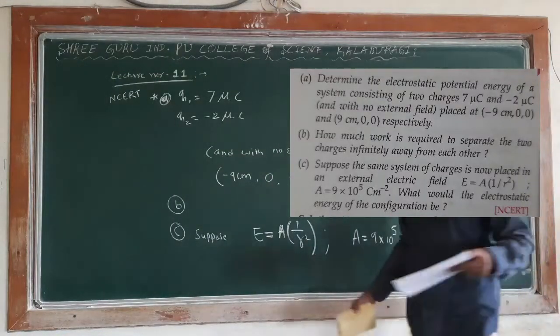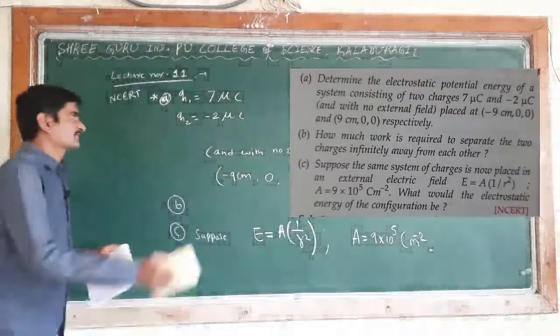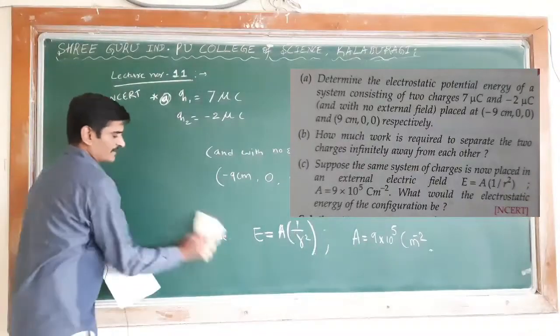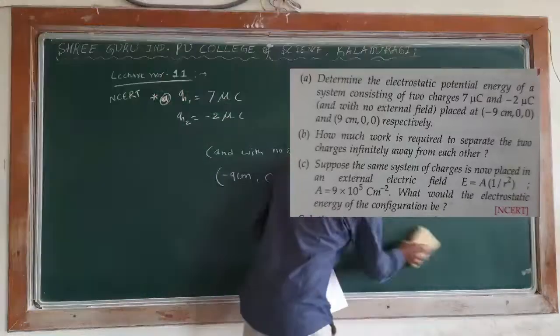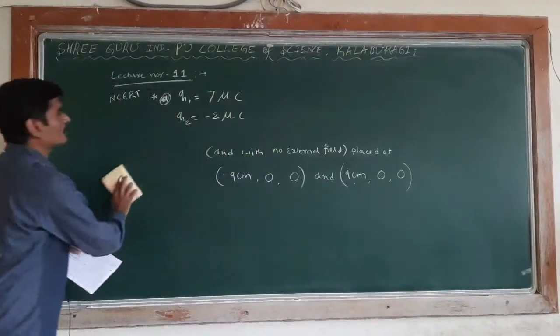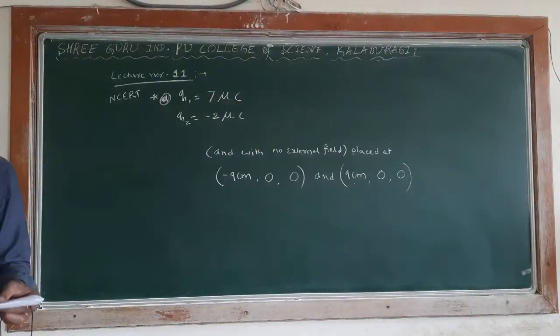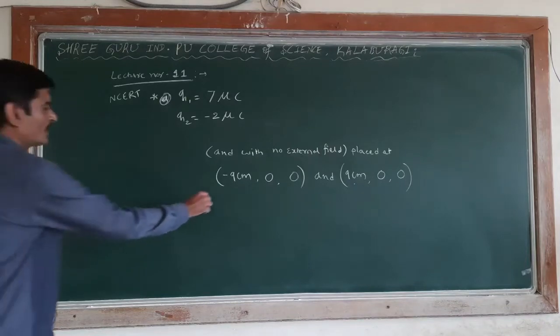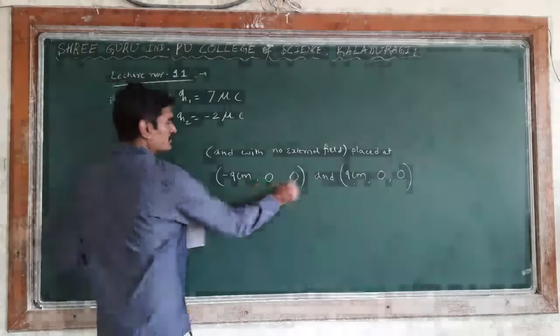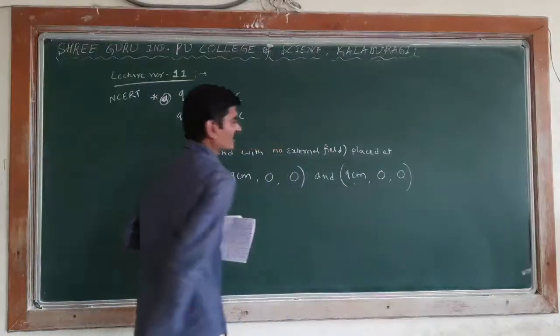So here, first one, 2 charges, that is 7 microcoulomb and minus 2 microcoulomb, are placed at the points: one point is minus 9 centimeter 0 0 and another point is 9 centimeter 0 0.